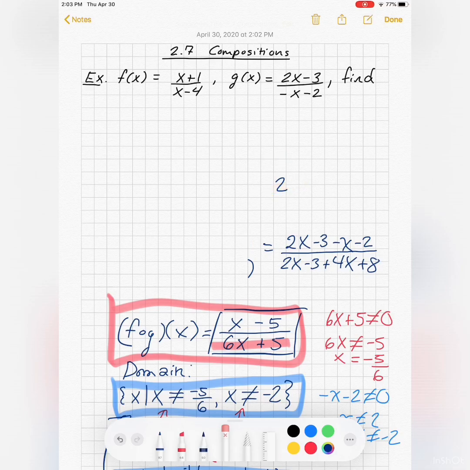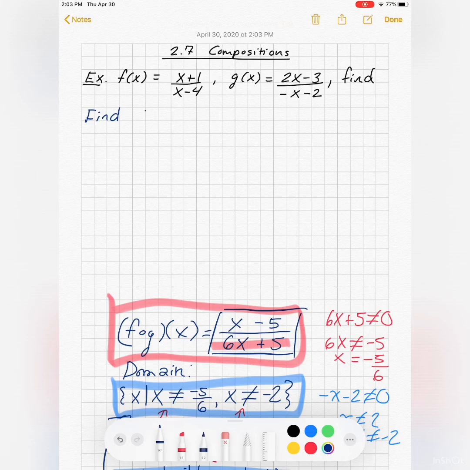Well, I have a couple ideas. So, find f of g of 1. Okay, so kind of the most basic idea would be to do this just like I did the composition with the variable x. So I could say, all right, well, first I'd find g of 1, then I'd plug that in f.